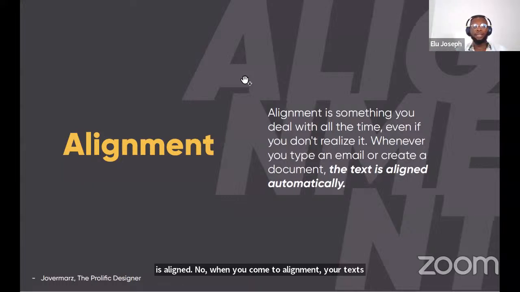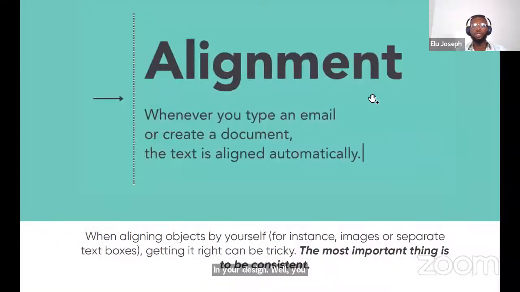Texts are auto-aligned, or you can adjust it. You can change where you want it to be aligned to, or how you want it to be aligned. It's up to you. But in most cases, your text is aligned automatically, maybe when you're creating a document or an email.